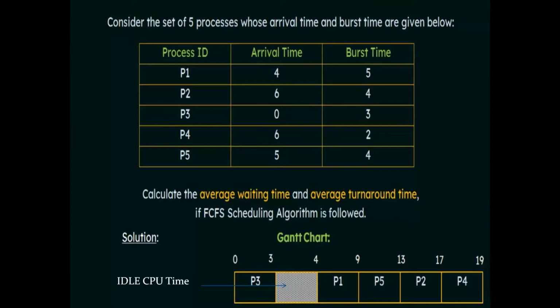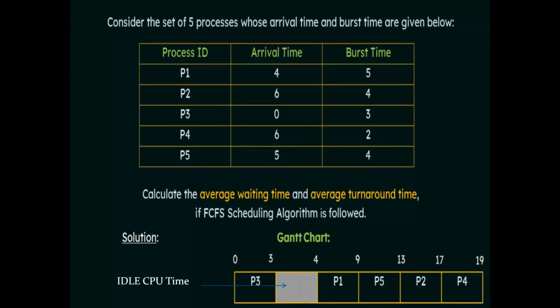So the CPU is allocated to process P3 and the burst time of P3 is 3 units of time. So the CPU is allocated to process P3 for 3 units of time, right?